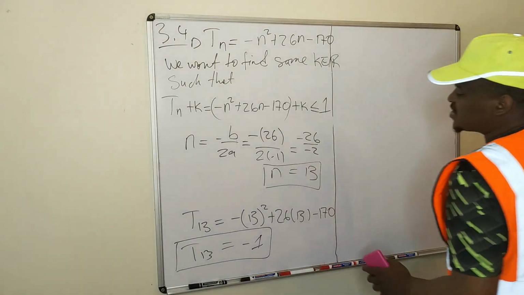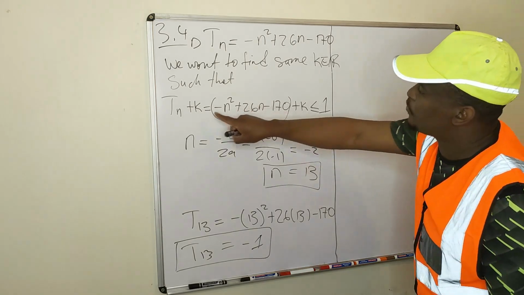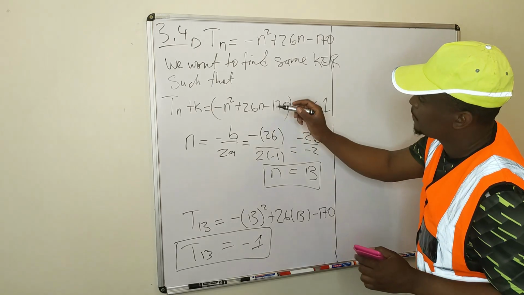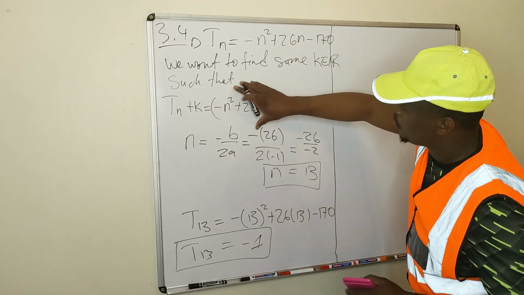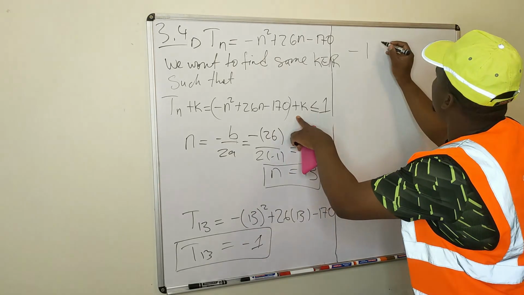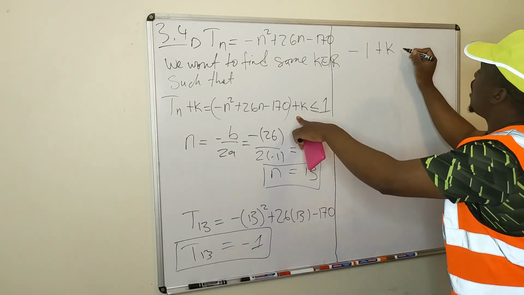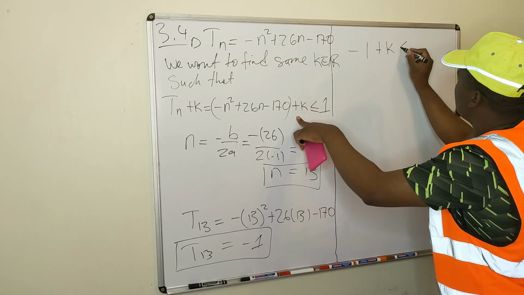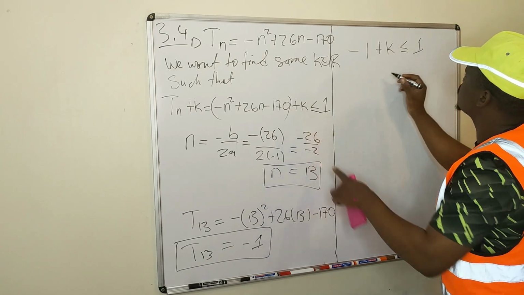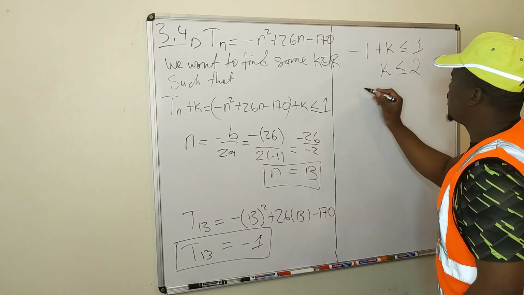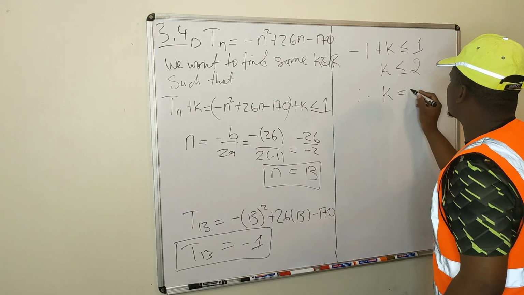So now we want the maximum of this one to be 1. So we put our maximum here: negative 1, which is our maximum, plus k. Now our new maximum should be less or equal to 1. So k will be less or equal to 2. Therefore, k should be equal to 2.